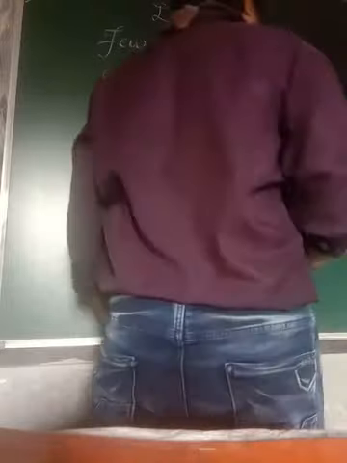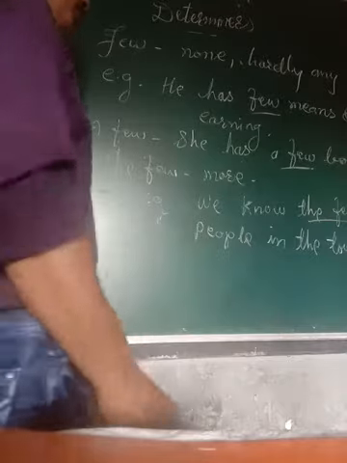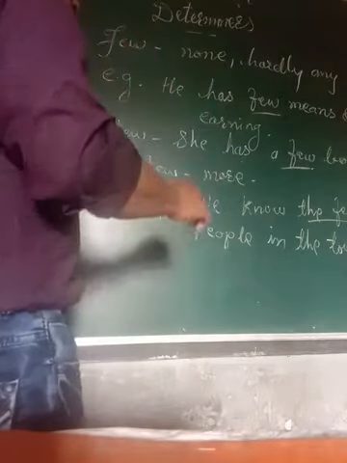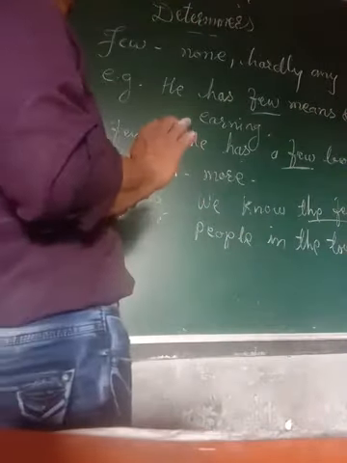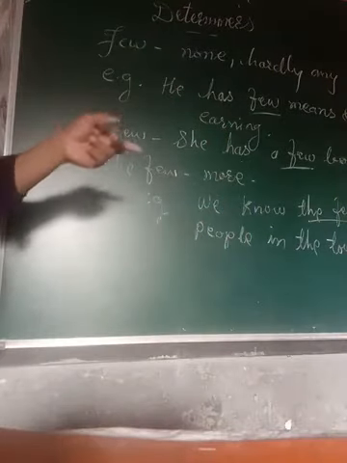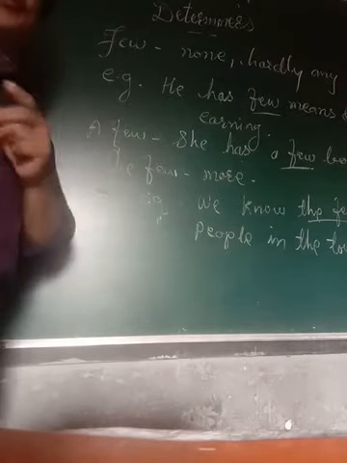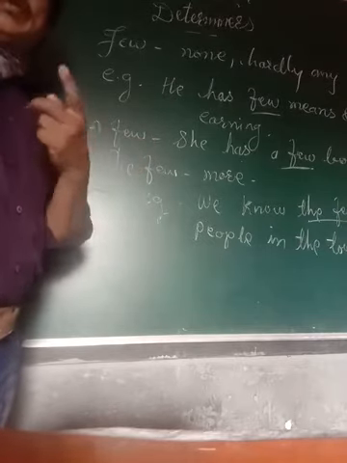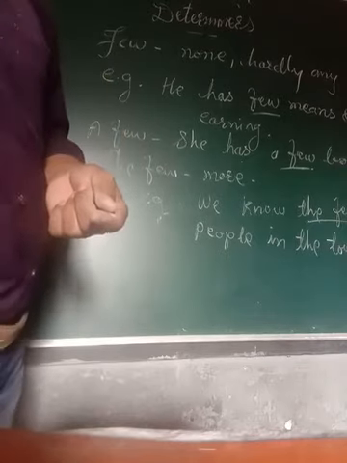Now look here, the few we use in this. Another example, the few. Here already the meaning of the few is written, more. Means we know more people in the town. Means it actually makes the affirmative, positive sense. The few or a few, but single few makes no sense. It does not make any sense. Okay, so like that. So these are the determiners.